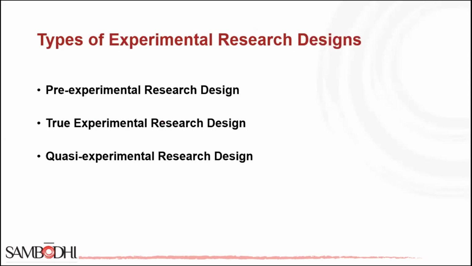There are different types of experimental research design. Based on the method used to collect data in experimental studies, the experimental research designs are of three primary types: pre experimental, true experimental, quasi experimental.